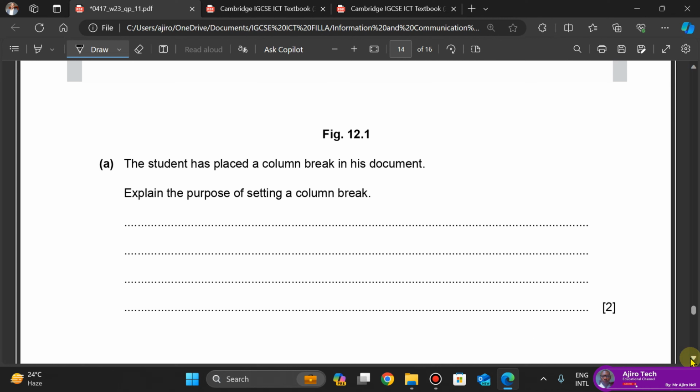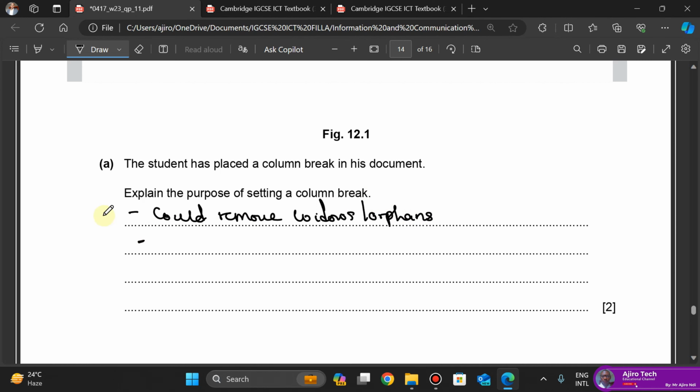Now, the purpose of setting a column break is, one, it could remove widows and orphans. Okay, it could remove widows/orphans.